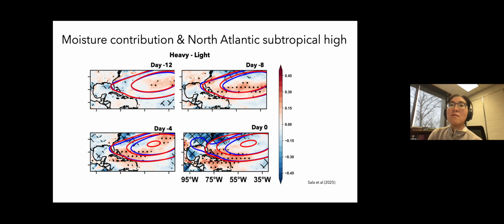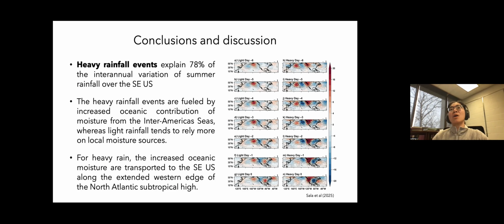So overall, from our study, we conclude that the heavy rainfall events explain 78% of the total interannual variation of the summer rainfall over the southeastern US. And for those heavy rainfall events, the occurrence and the moisture sustaining mechanism are very different from the light rainfall.